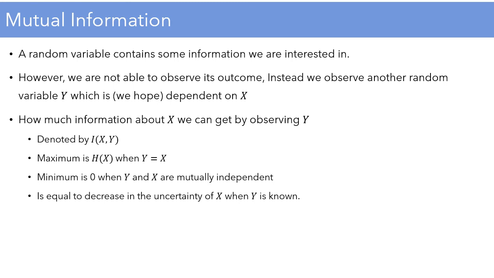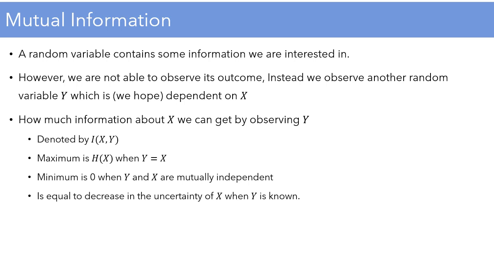So that should be equal to H(x), which is the information in x. And when y and x are independent, then basically y does not have any information about x. So in that case, the information should be 0, and that should be the minimum. And for other distributions or dependencies, the information should be in between these two, right?